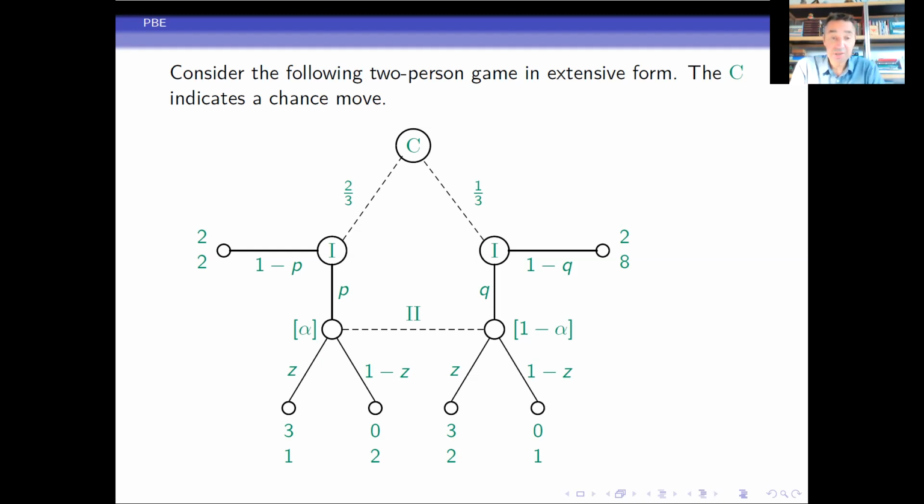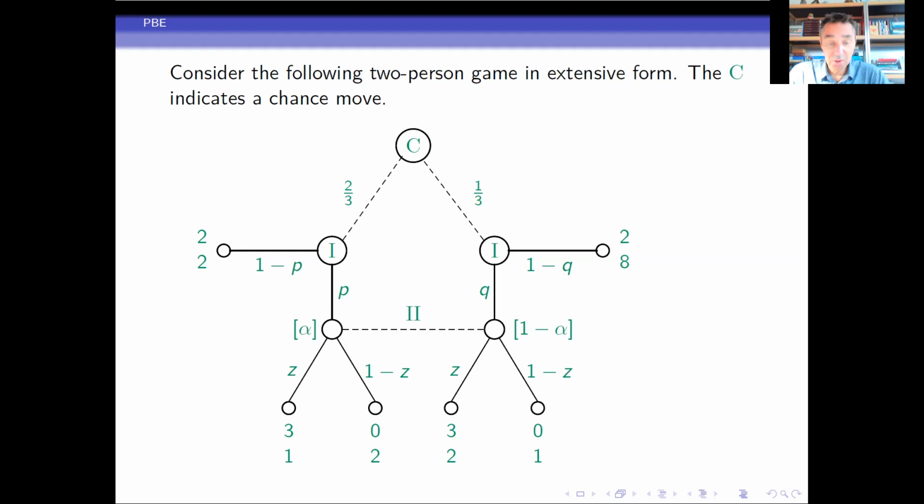So here's an extensive form game. It's a two-player game, and it starts at the top of the diagram with a C for chance. The game starts with this chance move, which moves to the left with probability 2 out of 3, and to the right with probability 1/3.